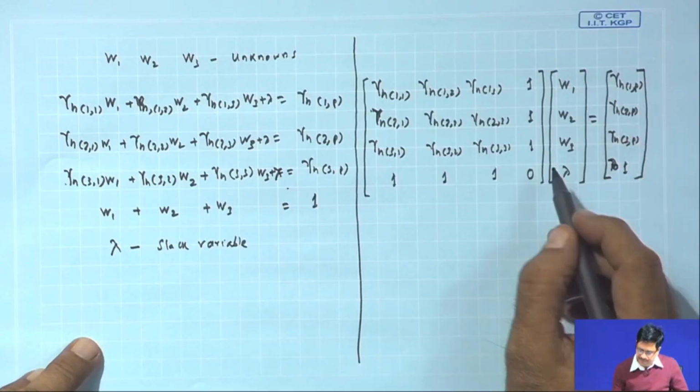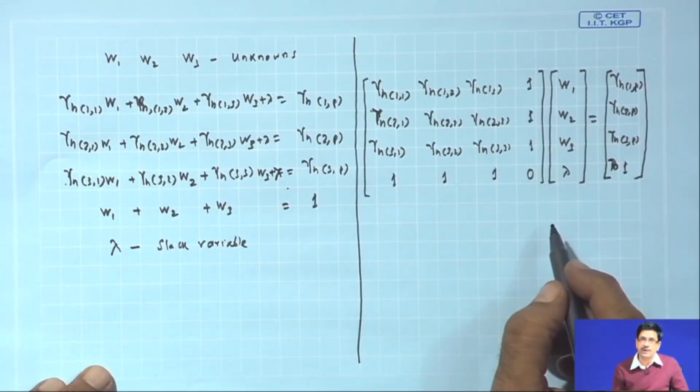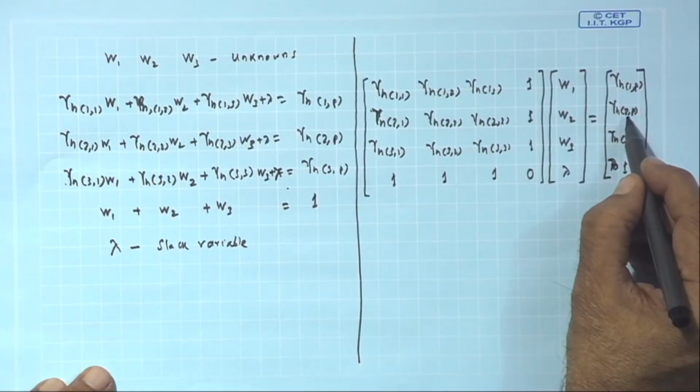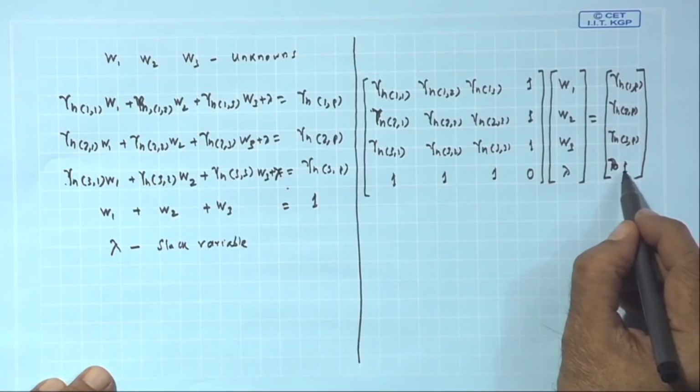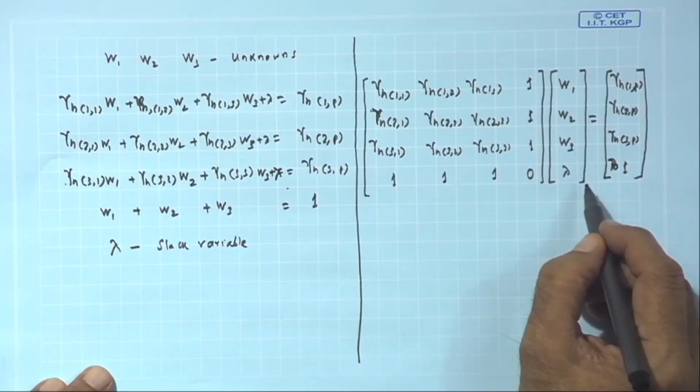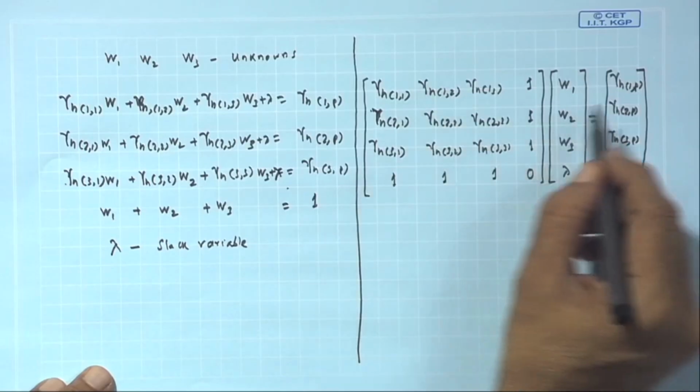This is the way in which you can write it in the matrix form. This is gamma h1p, gamma h2p, gamma h3p, and this is 1. The last equation is w1 plus w2 plus w3 is equal to 1, and all these.